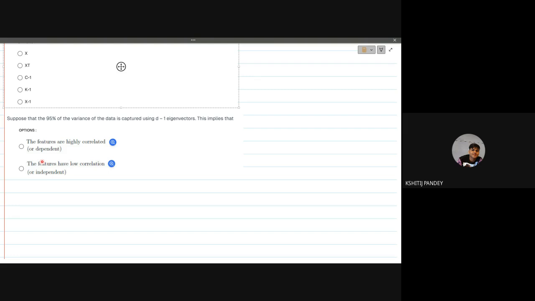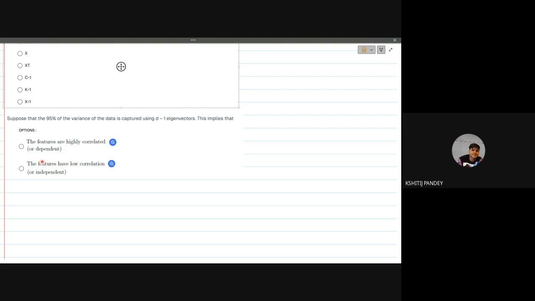If the features are decorrelated, that direction will not capture variance for a lot of features. If two are correlated, it will capture variance for those two in that direction.